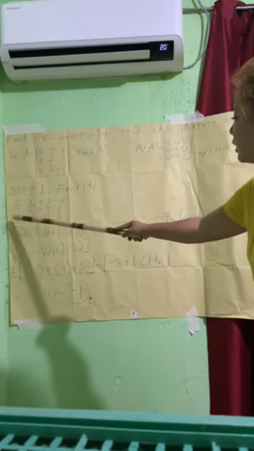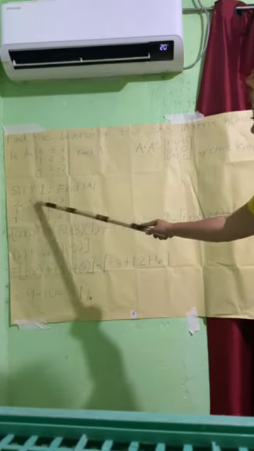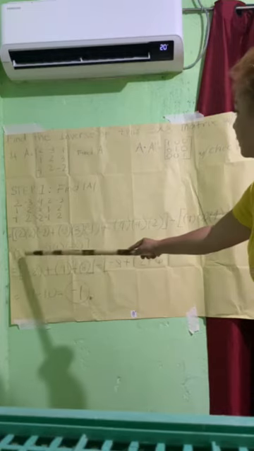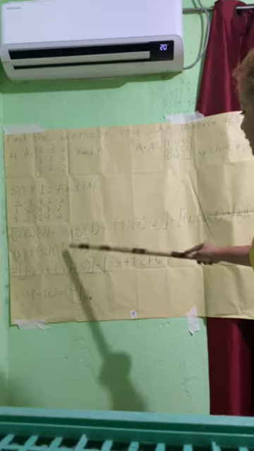Okay, and then we start with the lower numbers: minus negative 1 times 2 times 4, plus 2 times 3 times 2, plus negative 2 times 1 times negative 3.